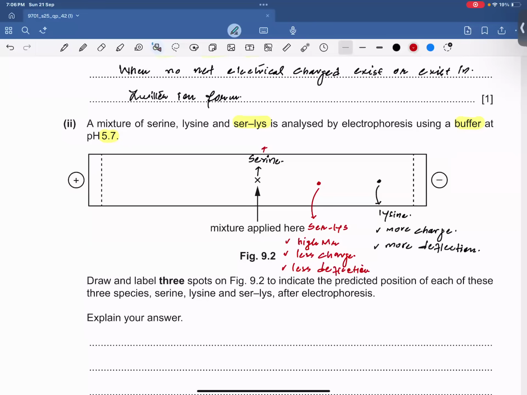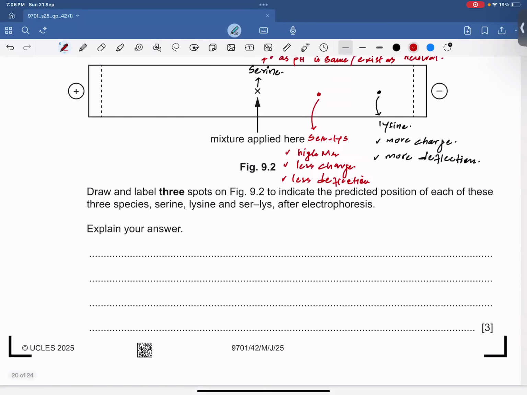Serine, no deflection, as the pH is the same, so it exists as neutral. Let me write this down.